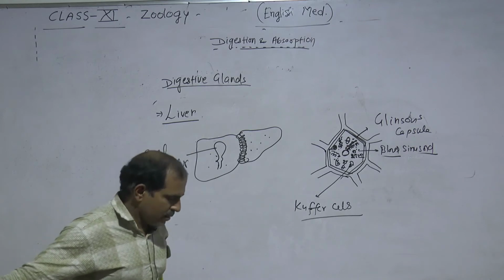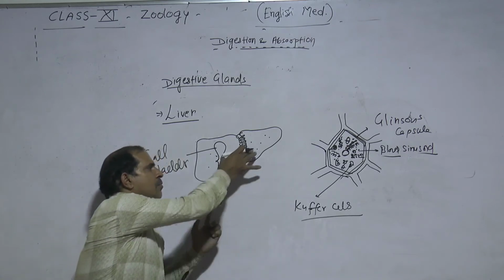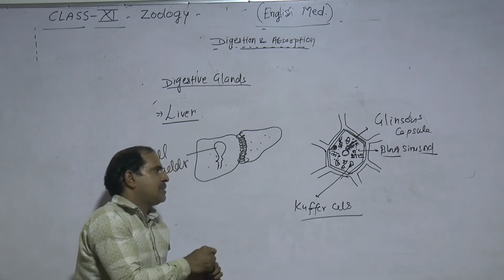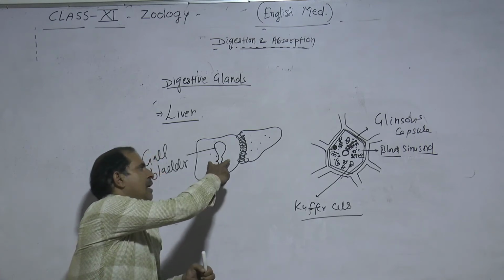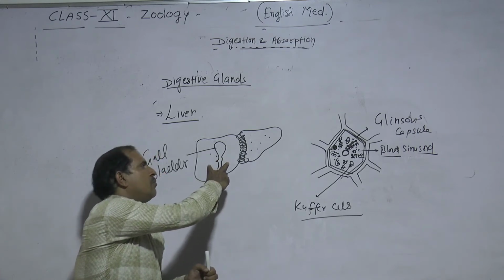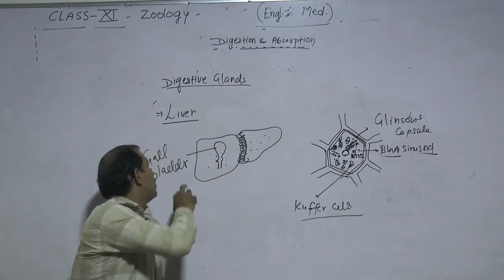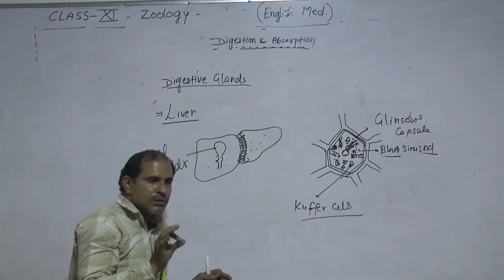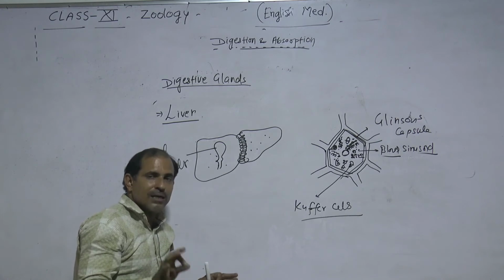Then the human liver is a bilobed structure. Both the lobes are attached by falciform ligament, and under the larger lobe, a green colored sac-like structure is present, which is called gallbladder. And gallbladder stores bile juice and concentrates it.